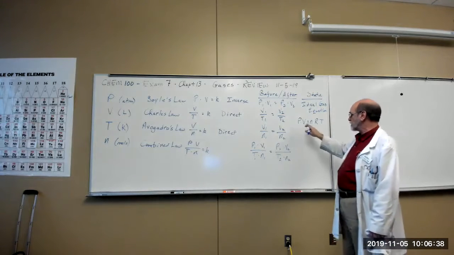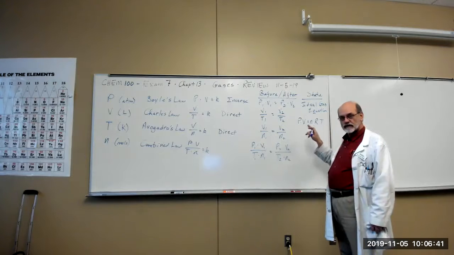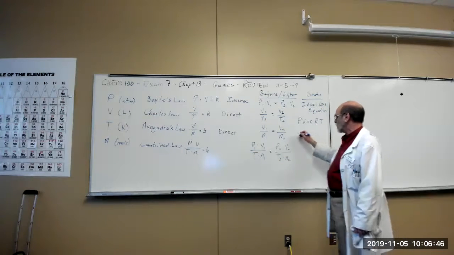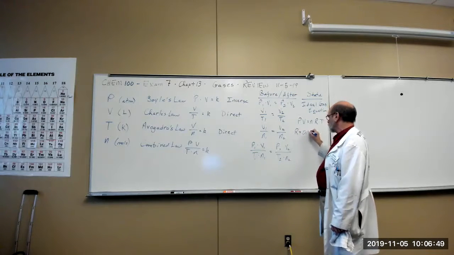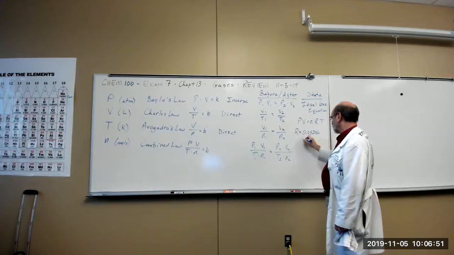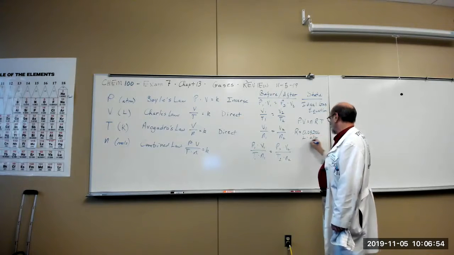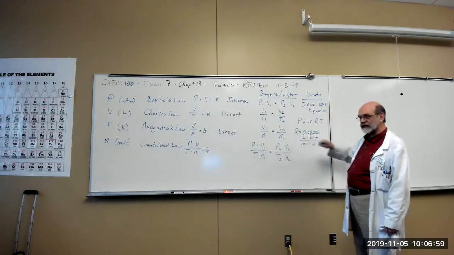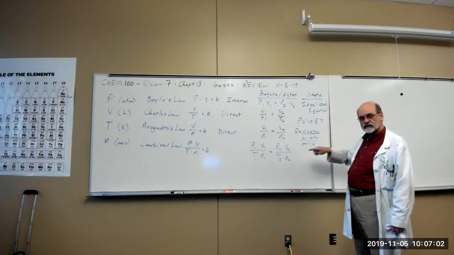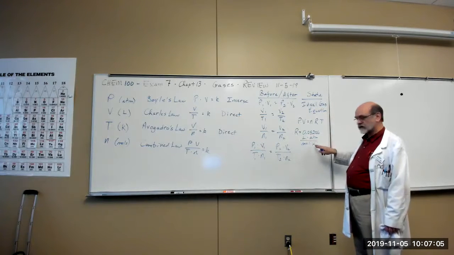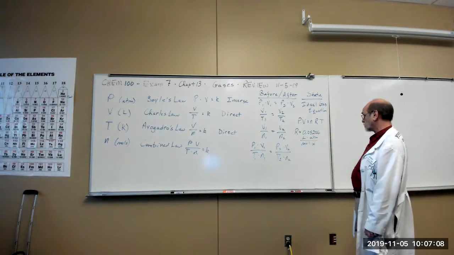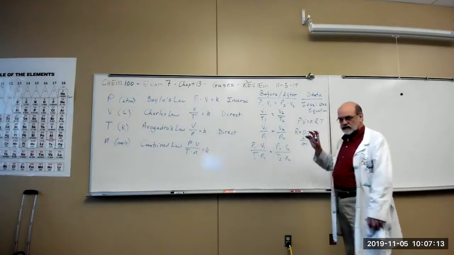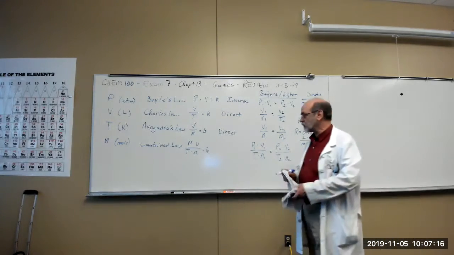The units of the gas constant tell you the units that have to be used for each one of these variables. Since R equals this value in liter atmospheres per mole K, that tells you that volume has to be in liters, pressure in atmospheres, moles, and temperature has to be in Kelvin. But if you only know the present state, then the ideal gas equation is where you go to find your answer.